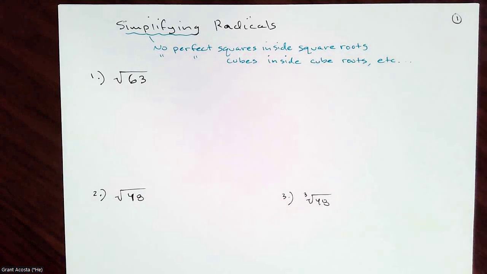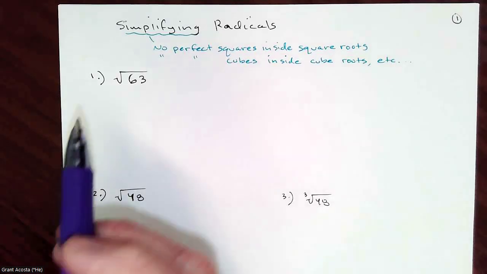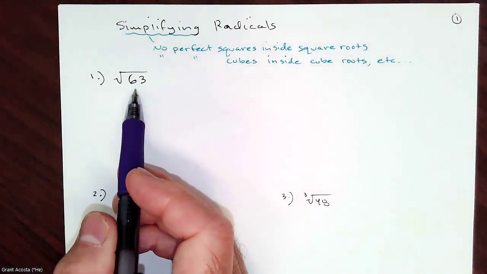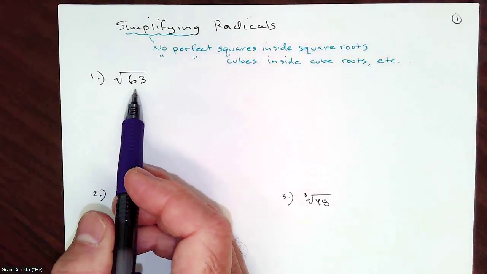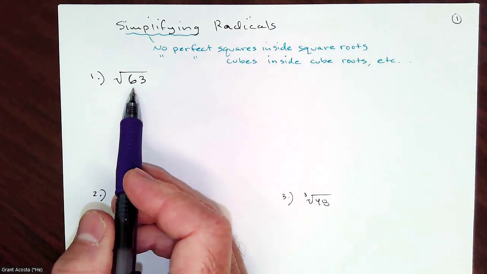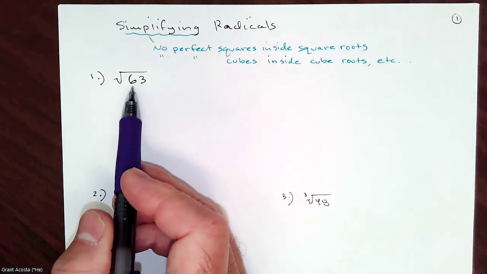I've been teaching a long time and finally started to question, why do we really want to simplify radicals? This is something that's very common, but in some cases, simplifying it can actually make it less simple in a way. For example, the square root of 63. If I had to estimate what that was without a calculator, think about what number is close to 63 that has a nice square root.